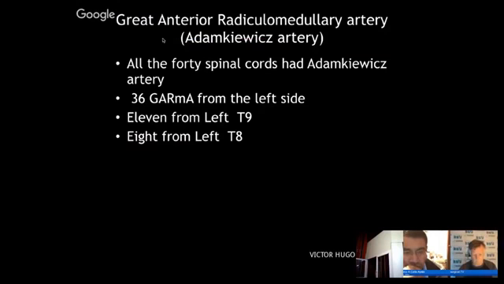All the 40 spinal cords had an Adamkiewicz artery. It was very common, this artery. 36 had a great anterior radiculomedullary artery from the left side. 11 from left T9, and 8 from left T8.